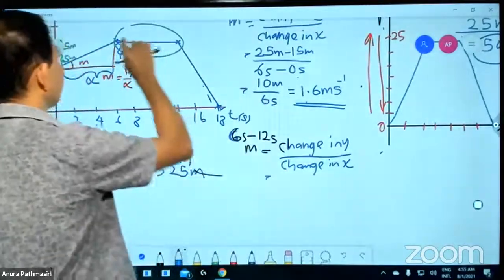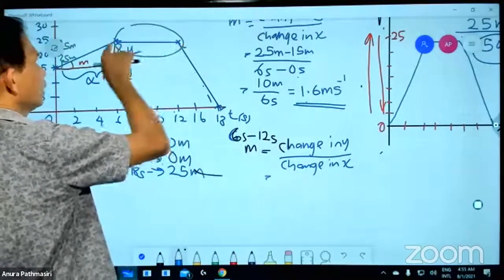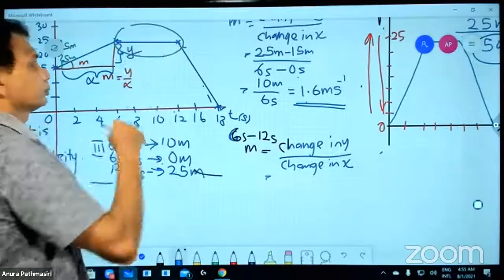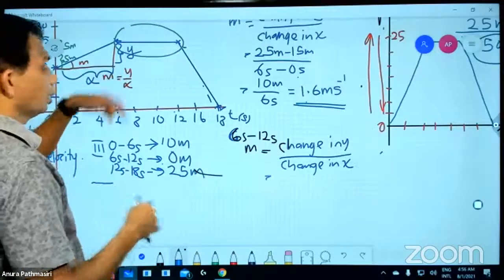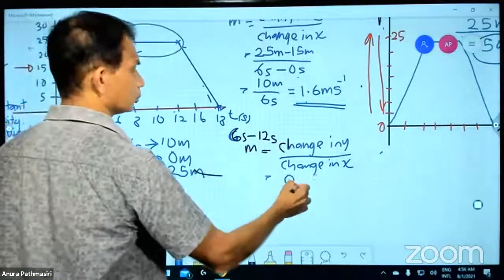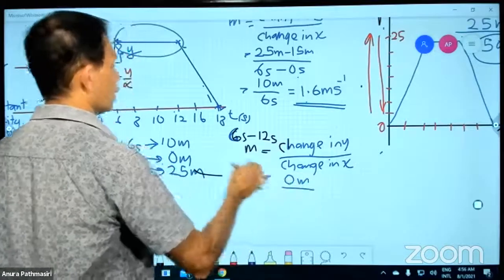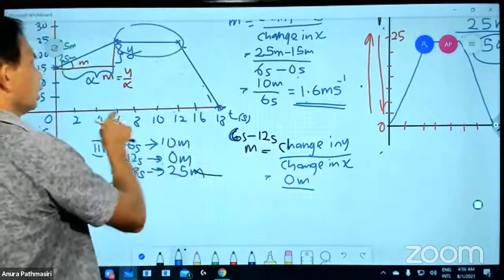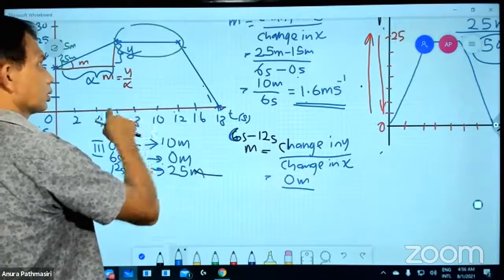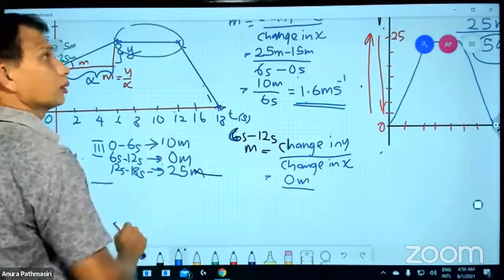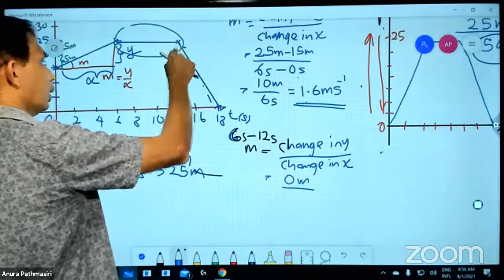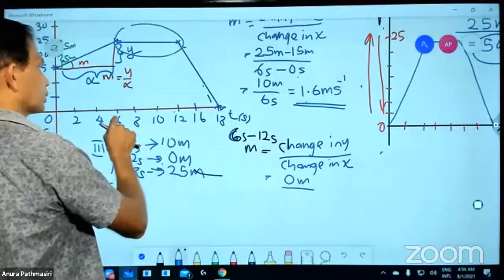Change in y. So is there any change in y? No, sir. So it is 0 meters. Is there any change in x?